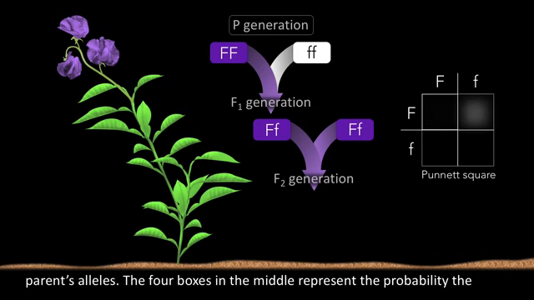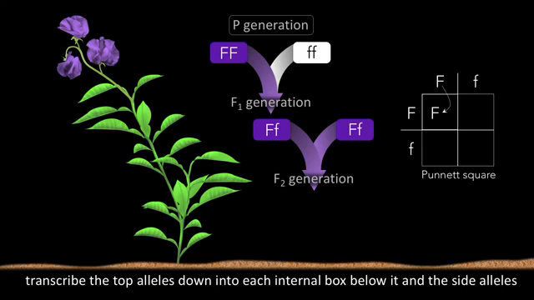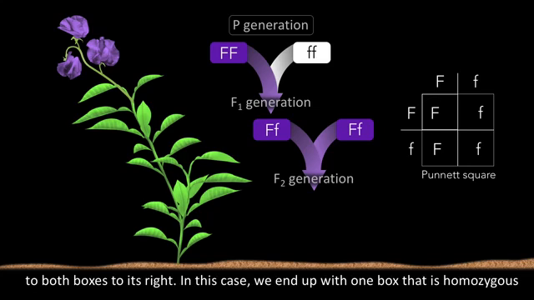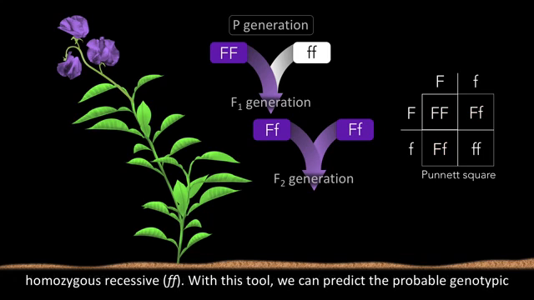The four boxes in the middle represent the probability the offspring will acquire a specific genotype. Once the parental alleles are in place, transcribe the top alleles down into each internal box below it and the side alleles to both boxes to its right. In this case, we end up with one box that is homozygous dominant, big F big F, two boxes that are heterozygous, big F little f, and one box that is homozygous recessive, little f little f.